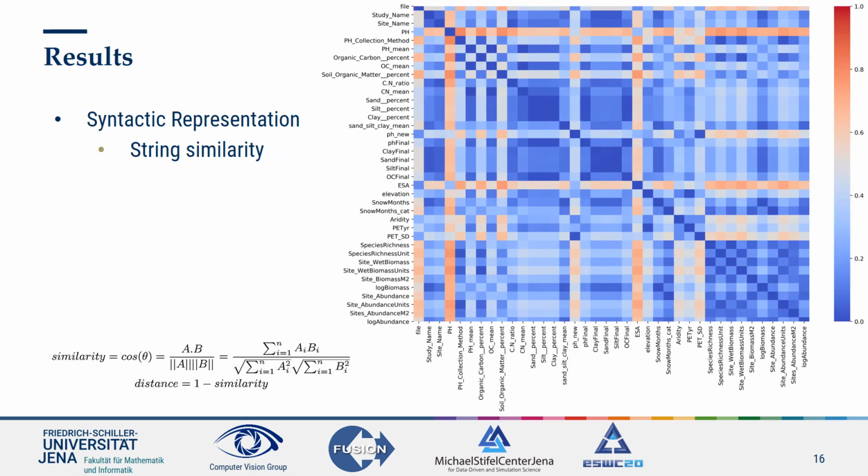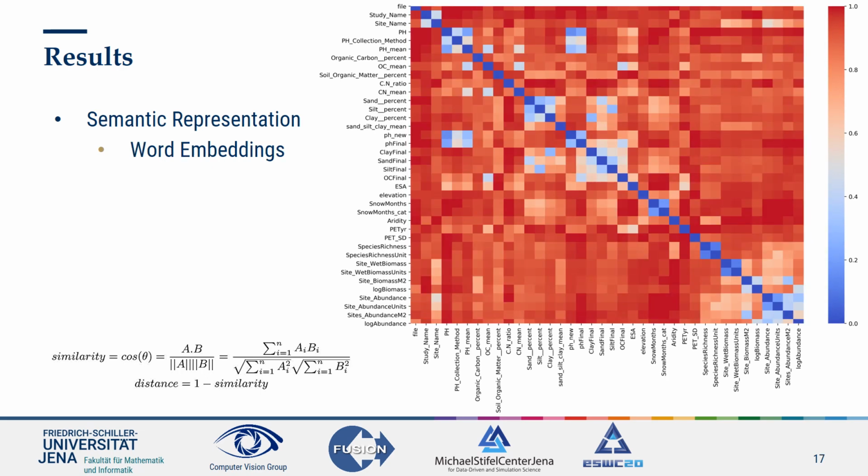The plot on the right shows the cosine distance of the headers. As we can see, the syntactic representation decides that most of the headers are close together. Unlike the semantic results here, where headers are very far from each other.